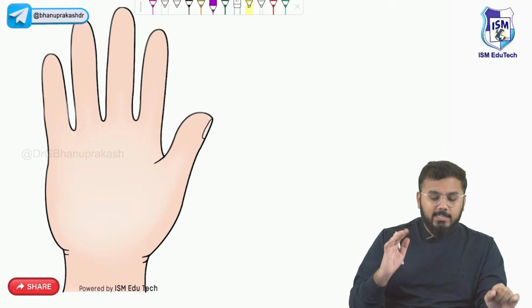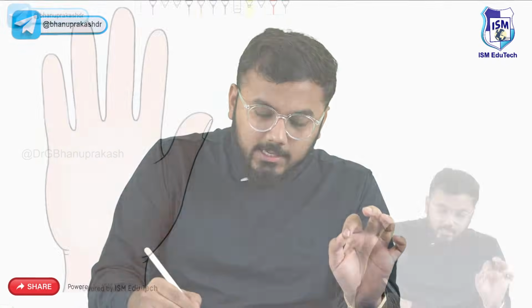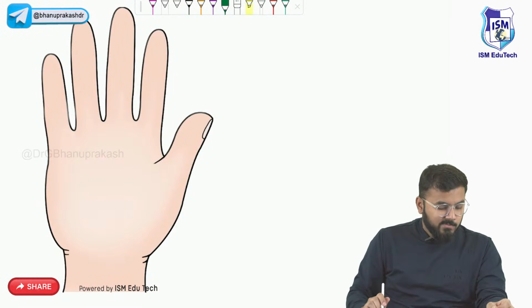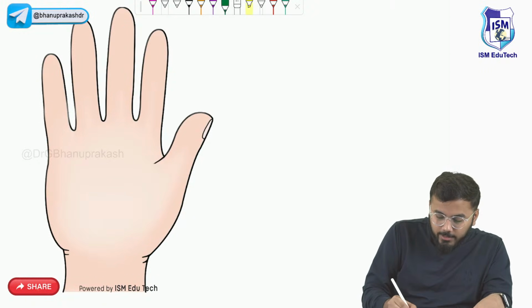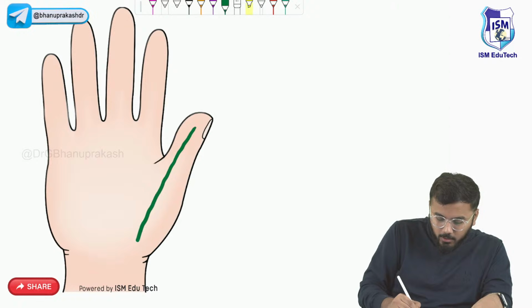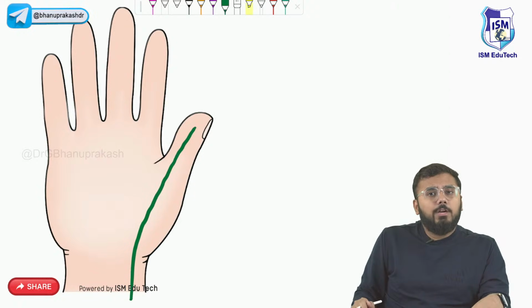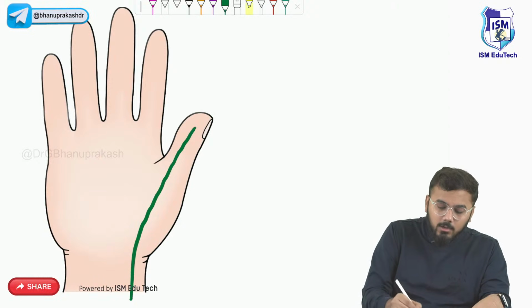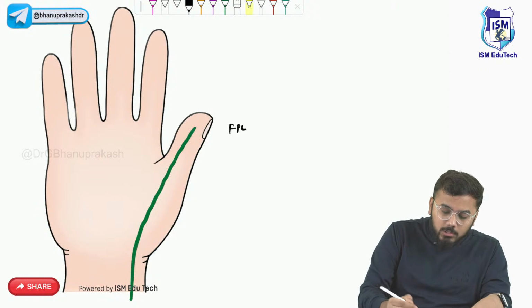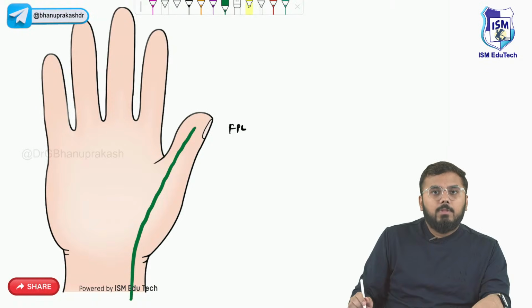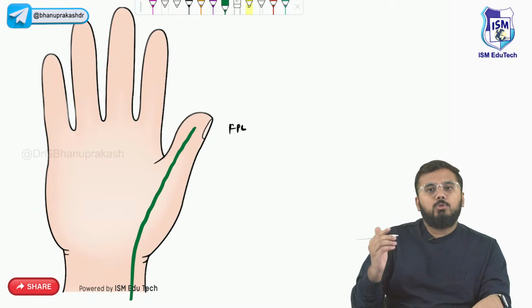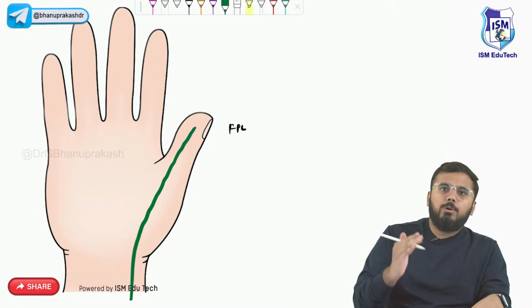Now look at this important point here. All of you now concentrate. We have got a tendon, I told you, that is coming all the way like this. What was this tendon? Flexor pollicis longus. And we have also got 4 tendons, that is flexor digitorum superficialis and flexor digitorum profundus.